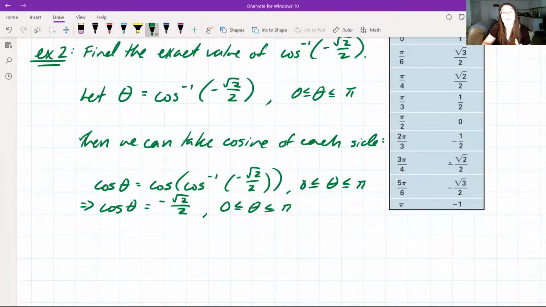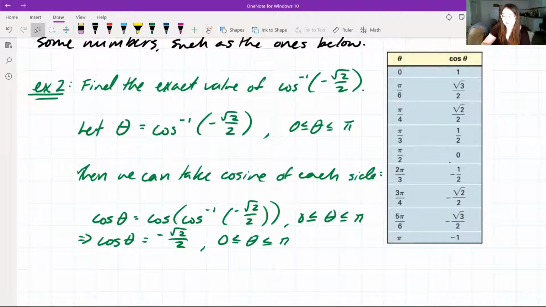Now we can consult our table. If we look at our values here, given by different values of theta, we want to look for negative square root 2 over 2, which we get right about there. The angle that corresponds to this value is 3 pi over 4.